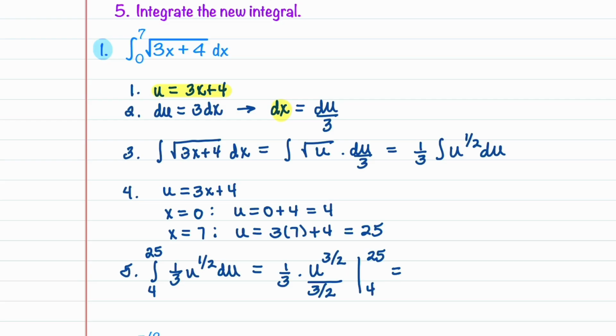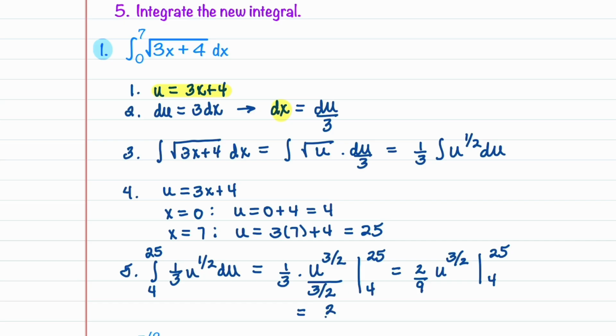Let's first simplify our constants. The 2 comes up on top, and we have 2 3's on the bottom, so this is 2 over 9 u to the 3/2 from 4 to 25.